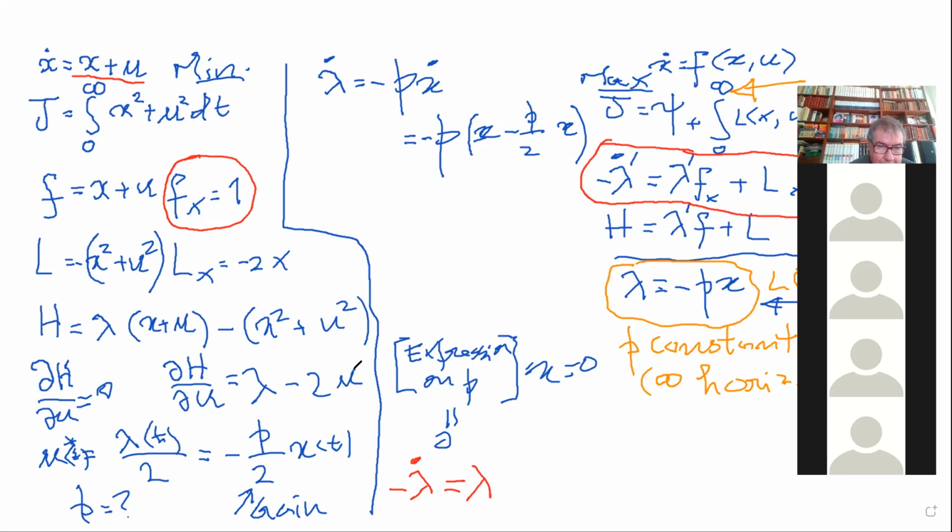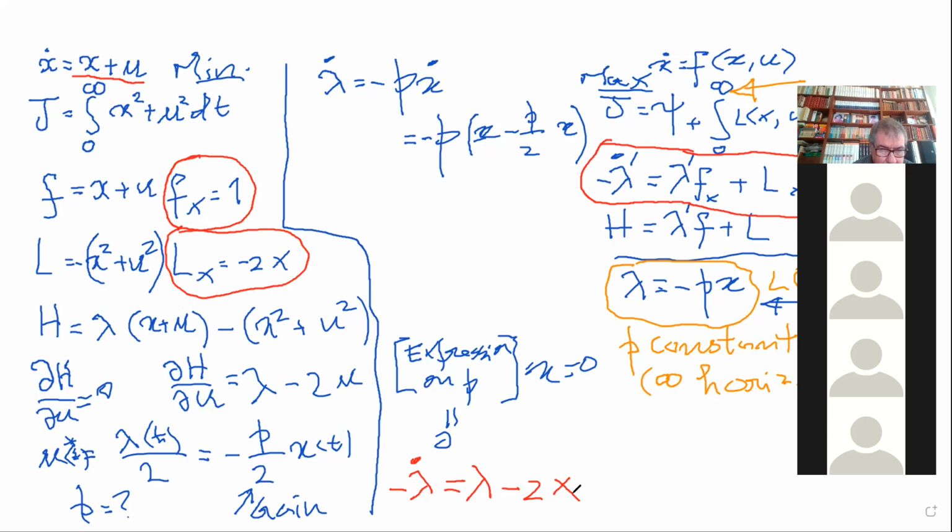So lambda times f x, which is 1, plus l x. Now l x is what? It's here, and this is minus 2x.